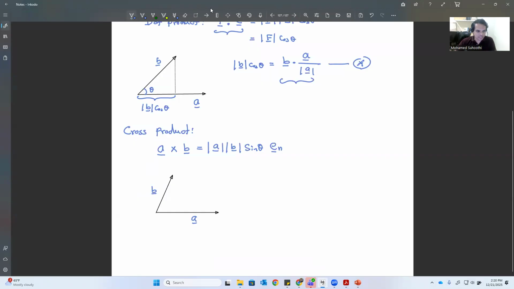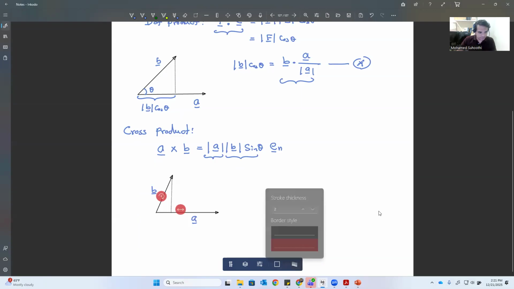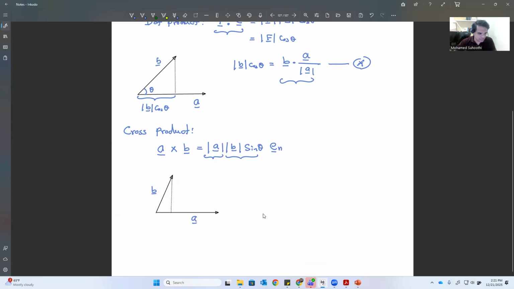So now consider magnitude of vector A, and B sine theta. What is B sine theta? B sine theta is actually this vertical height.